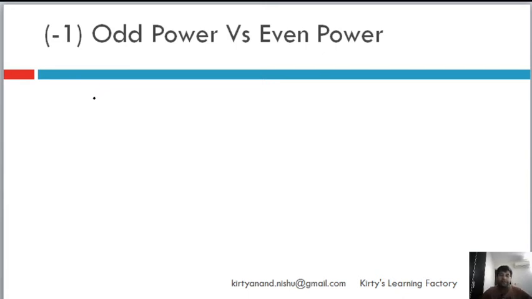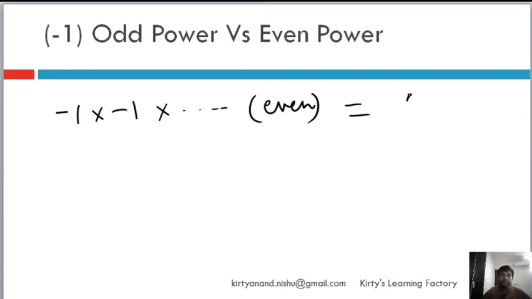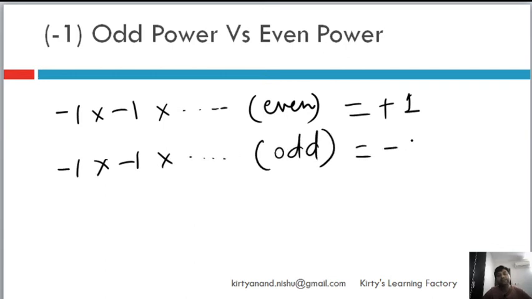Now, if you remember during our coverage of integers, when we were studying negative integers specifically, we learned that -1 into -1 into, when it is multiplied even number of times, becomes 1, right? And we also learned that when -1 is multiplied odd number of times, it is -1.